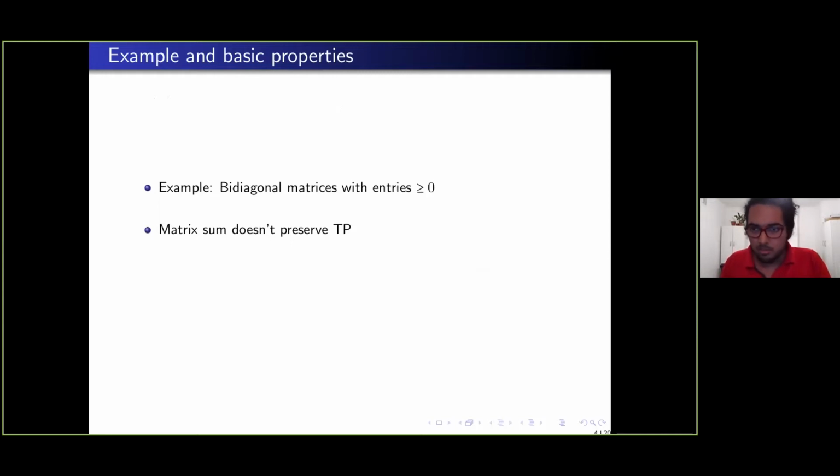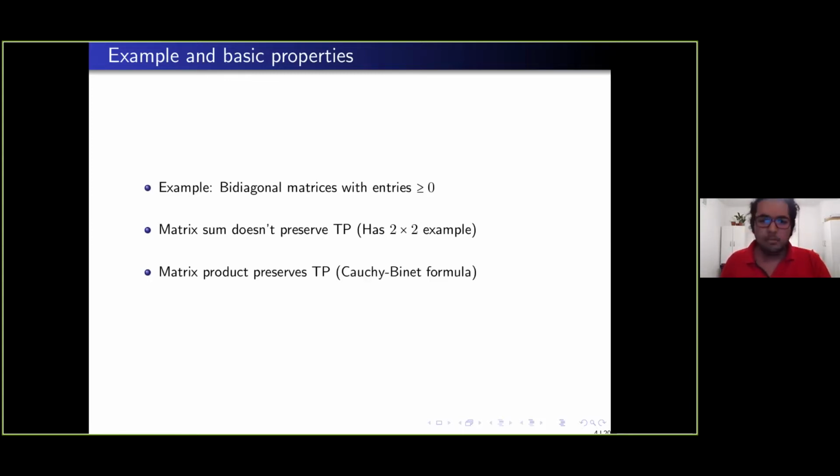Matrix sum does not preserve TP, and one can come up with an easy 2x2 example. However, matrix product preserves TP, and this can be proved by using the Cauchy-Binet formula, which basically expresses the determinant of a product of two matrices as a sum over products of the minors of those two matrices.